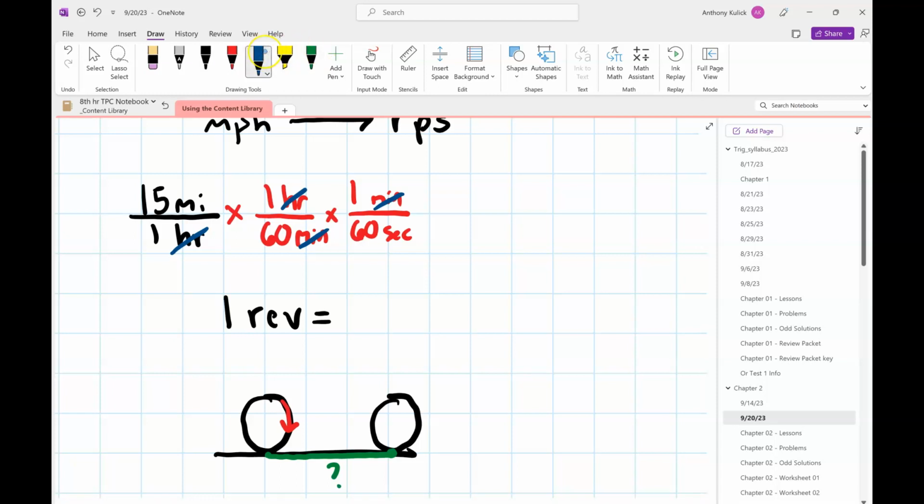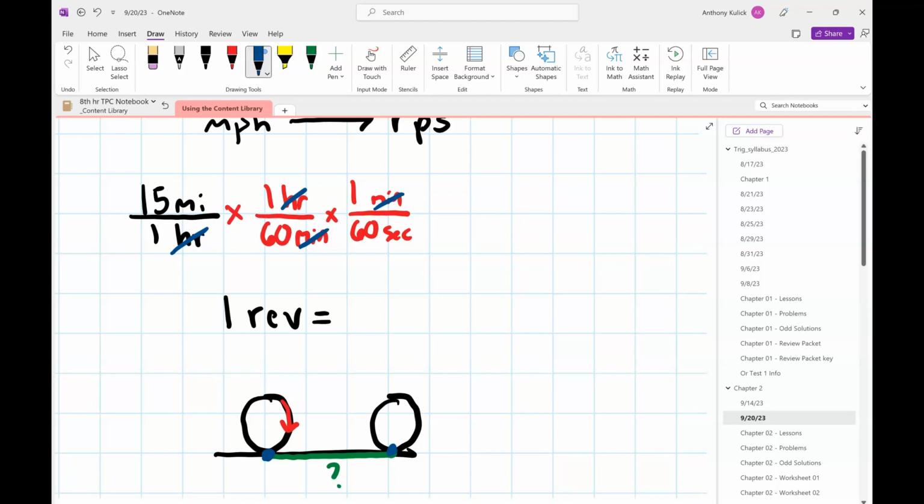All right, let's think about it this way then. This one spot right here in blue is touching the ground on the wheel, right? How many spots on the wheel touched the ground on the way from the start to the end? Well, all of them, right?